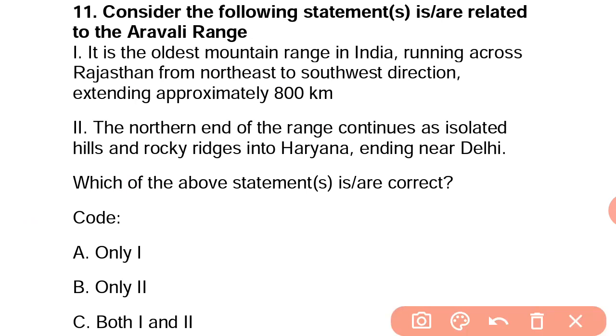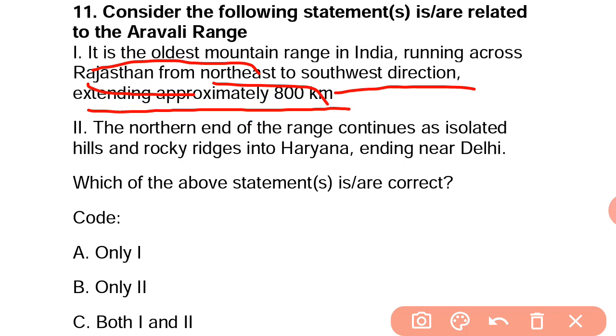Consider the following statements related to the Aravalli ranges. I. It is the oldest mountain range in India, running across Rajasthan from northeast to southwest, extending approximately 800 kilometers. II.